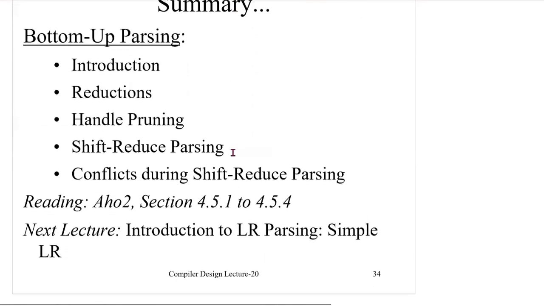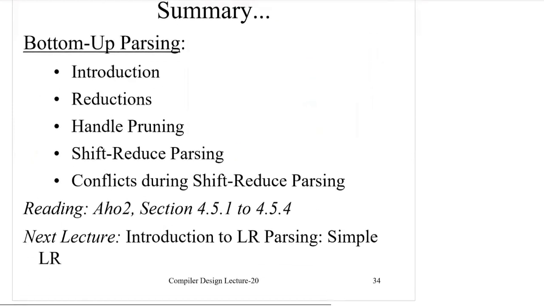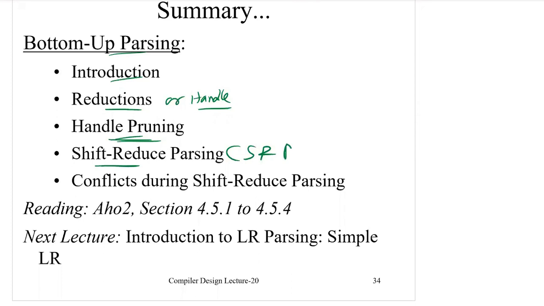Now coming to the summary of this lecture. What we discussed: first, we gave an introduction to bottom-up parsing. Then we discussed reduction or handle with an example. Then handle pruning, the process of identifying the reduction or handle in each and every step to derive the starting variable or root. Then one technique of bottom-up parsing, the SR parser.